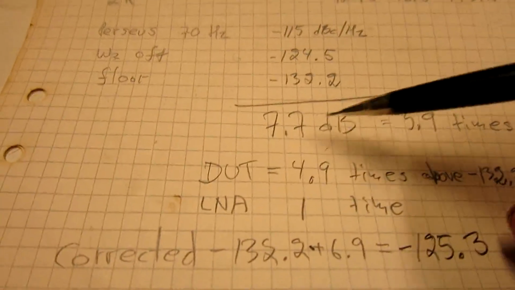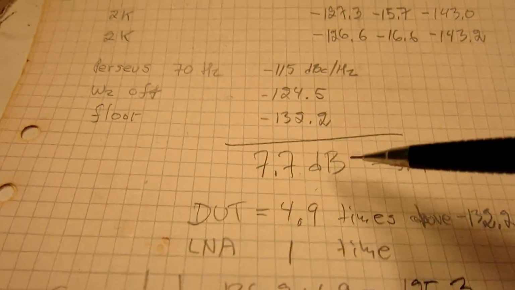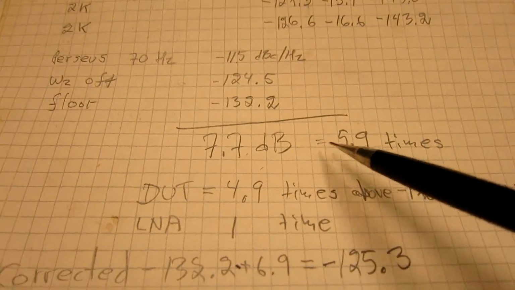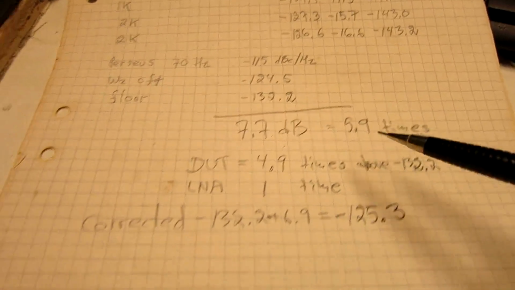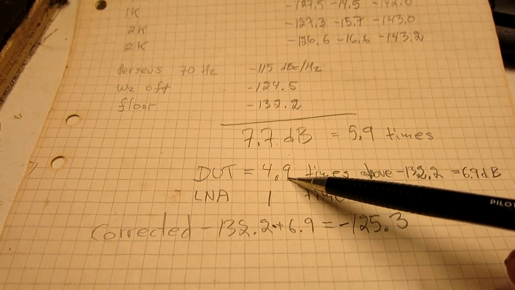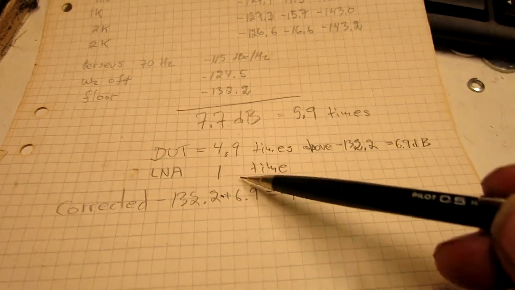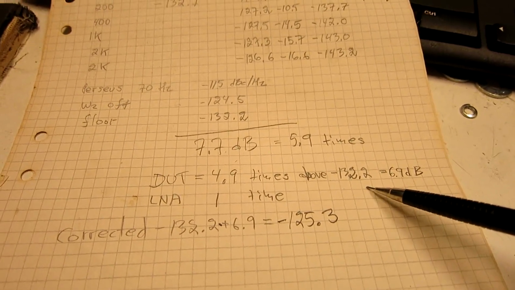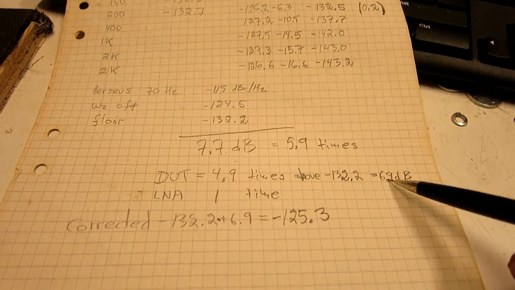With only 7.7 dB difference when substituting the device under test with the dummy load, I have to correct 7.7 dB, that's 5.9 times. It means that the device under test is 4.9 times above the power of minus 132.2, while the low noise amplifier is minus 132. 4.9 times, that is 6.9 dB.